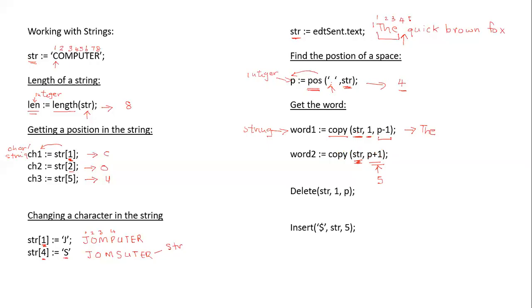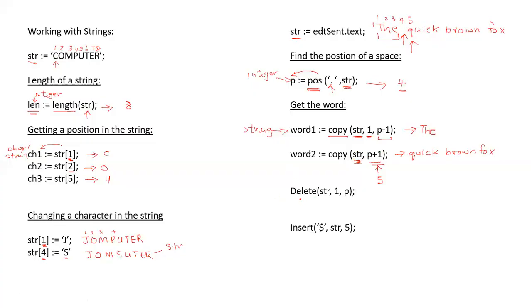And position 5 is the start of the second word in the sentence. If we don't specify the third parameter, which is how many characters, it will automatically go to the end of the string. So copy from str, start at position 5 and go to the end, and that will return quick brown fox.